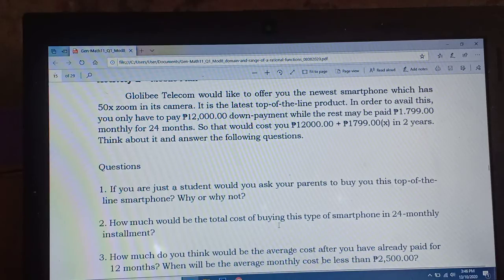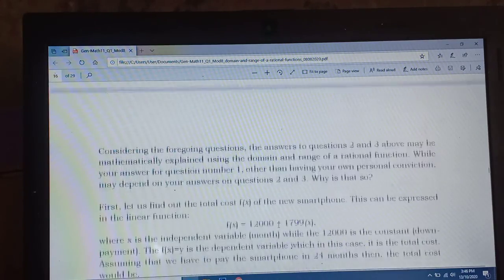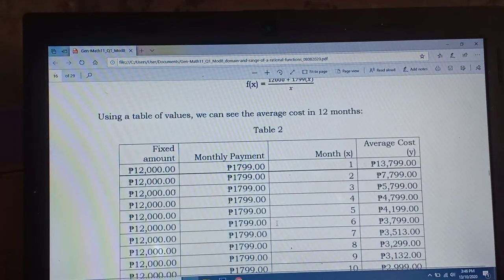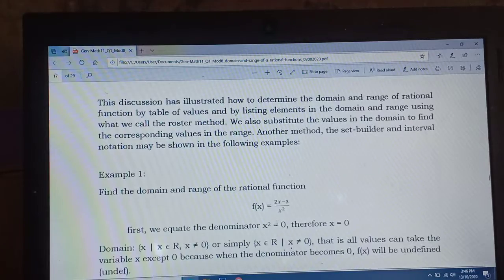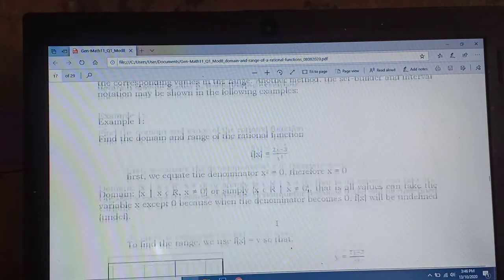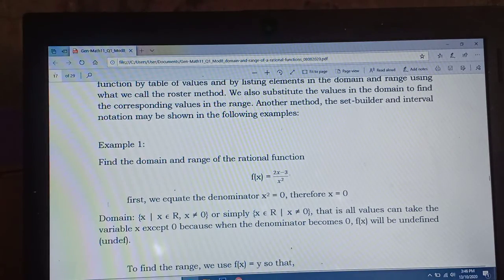So let's try to have an example. Find the domain and range of the rational function f of x is equal to 2x minus 3 over x squared.